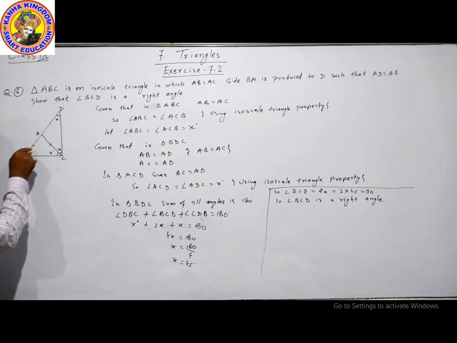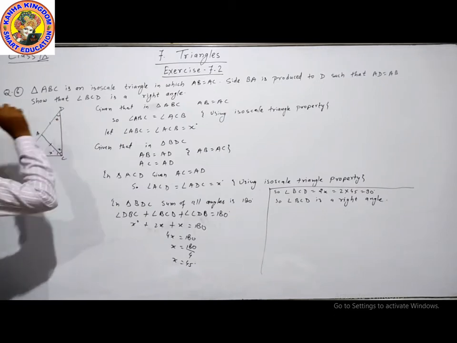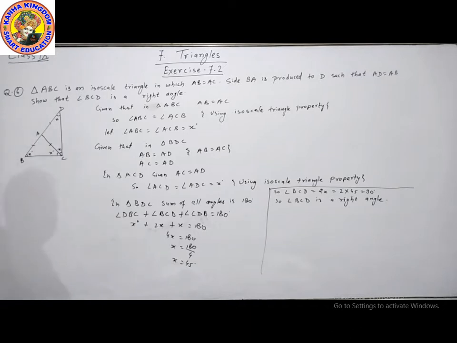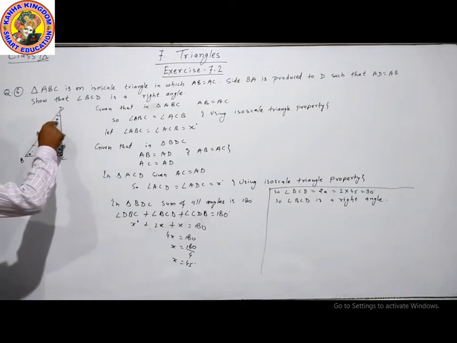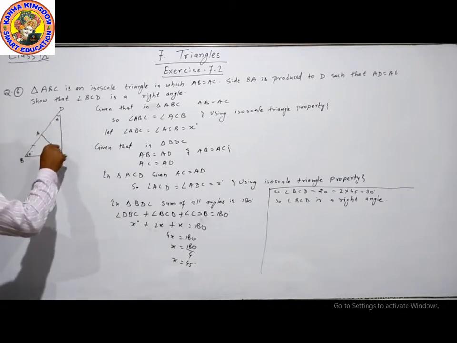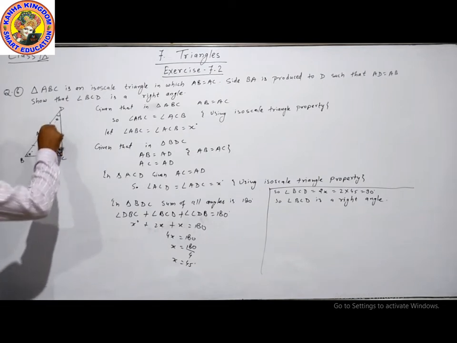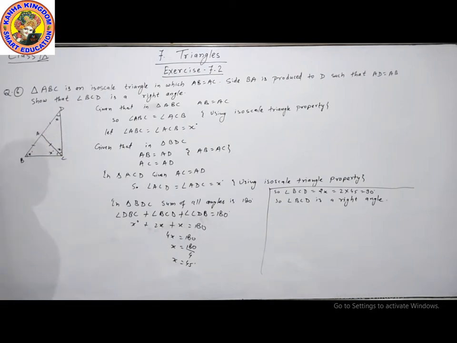The angle opposite to the AC side is x, so the angle opposite to the AD side will also be x. Two sides are equal, so the second angle will also be equal using the isosceles triangle property. So these angles are x and x.